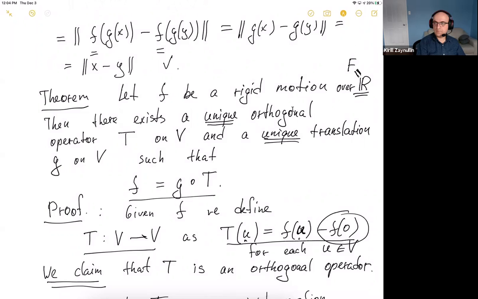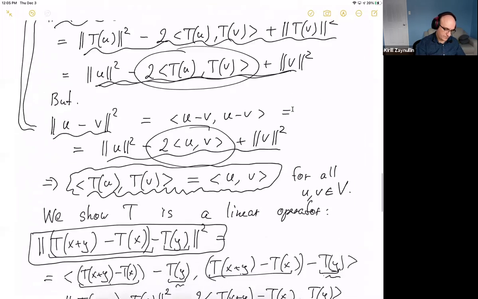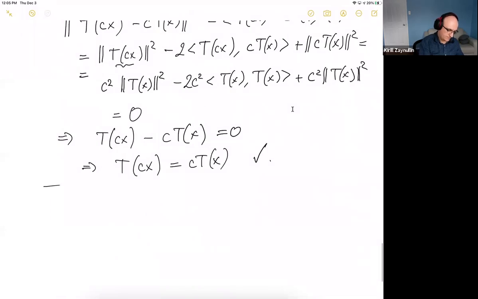Or another way to say this, if you are given a rigid motion and you want to write it down as a composite of an orthogonal operator followed by a translation, this representation is unique. So why is it so? That's pretty straightforward to see. So, uniqueness.